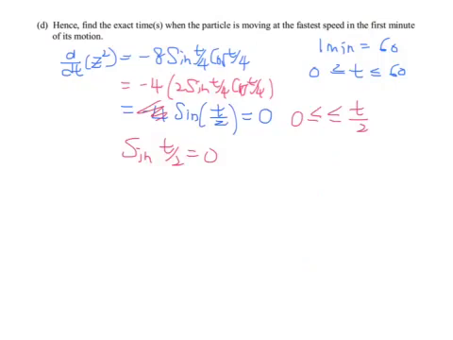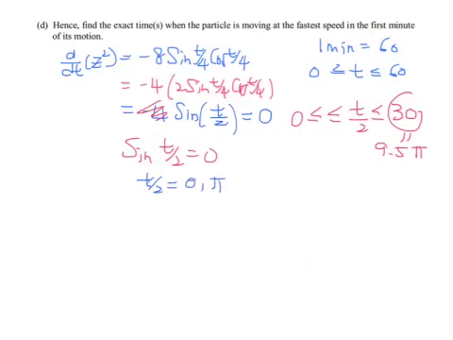Instead of using 0 to 60, I use t over 2 between 0 and 30, and 30 is approximately 9.5 pi. The reason I do this is that I'm going to state the solution in terms of pi, and the solution will be 0 pi.